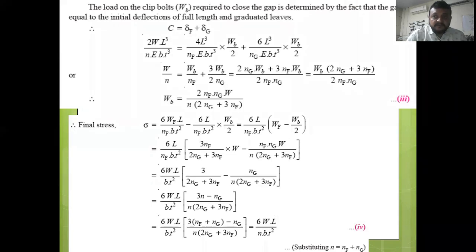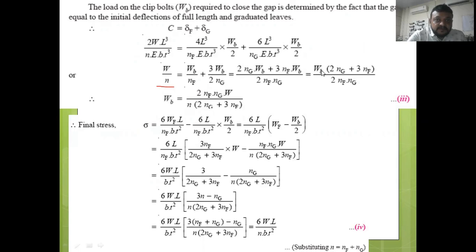So try to put the value of Ng and Nf in this equation to get the W. So here you have to see the load on the clip, WB. The load on the clip WB required to close the gap. Okay, that gap we already considered as nip.